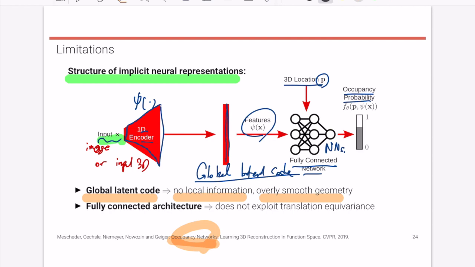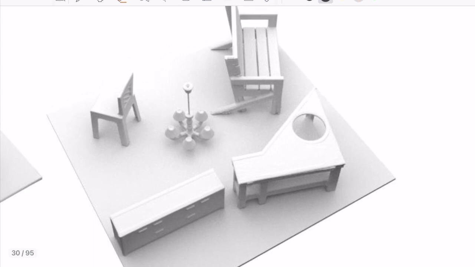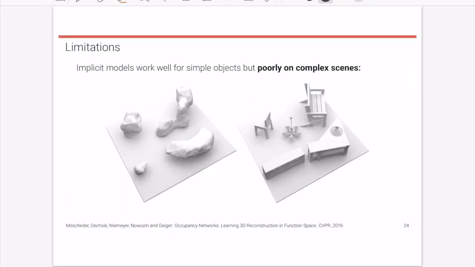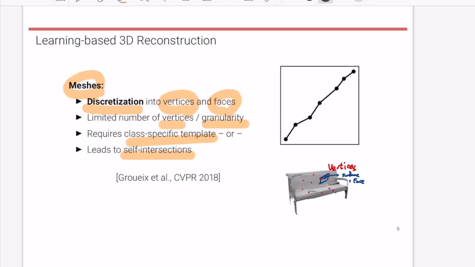So the generated 3D field is going to be very blurry. So these are examples of the occupancy network generating such a complex object, like an indoor scene, for example.